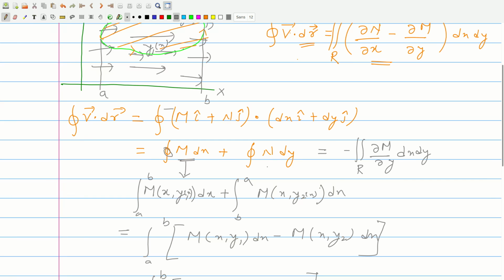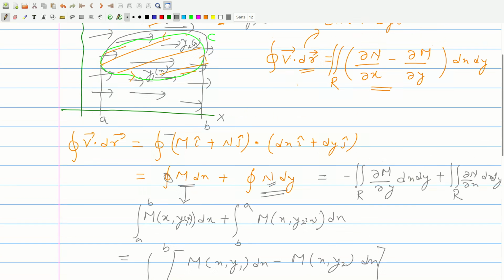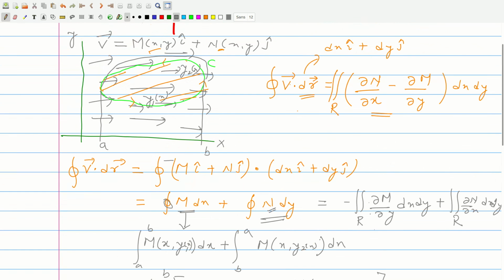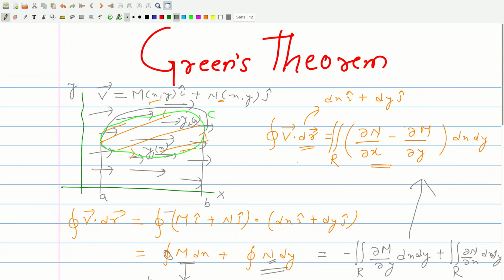Similarly, when you calculate this one, you will get the same thing, except now the partial derivative is with respect to x, and there is a plus sign here. When you rearrange this one, you get this term on the right side. So we have just proved Green's theorem. Hope you have understood. Thanks for watching.